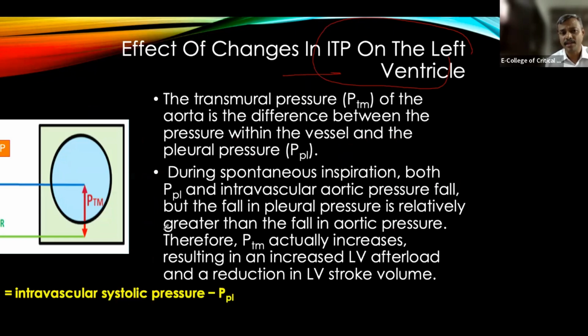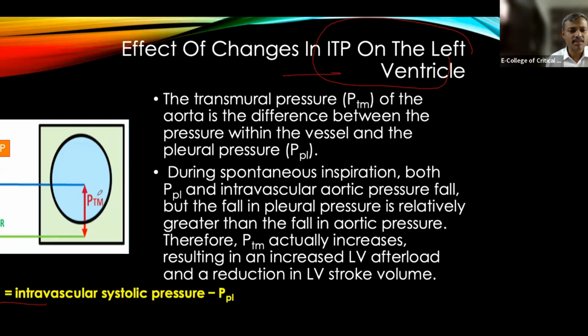Now we are discussing how pressure affects the left ventricle. To understand this, you should know what transmural pressure is. The terminology is transmural pressure, TMP. It is the pressure between two compartments. That's it, there is no big definition you need. Imagine there is a cavity.